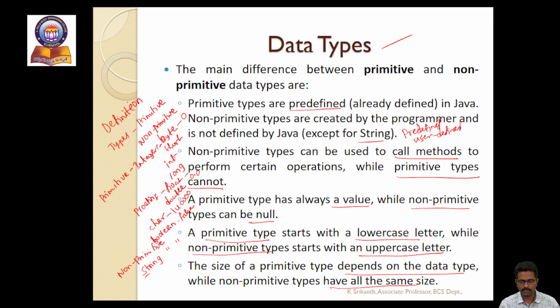Primitive data types should start with a lowercase letter, and non-primitive data types should start with an uppercase letter. The size of primitive data types depends on the type of data you are working with, and non-primitive data types depend on the type of class, object, arrays, or interfaces that you are working with.